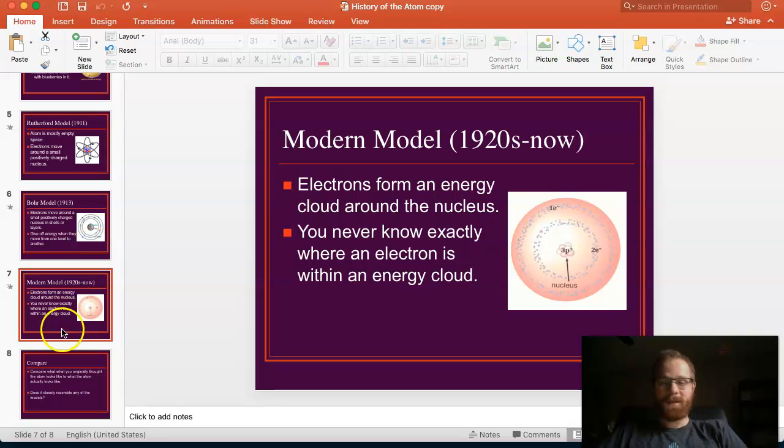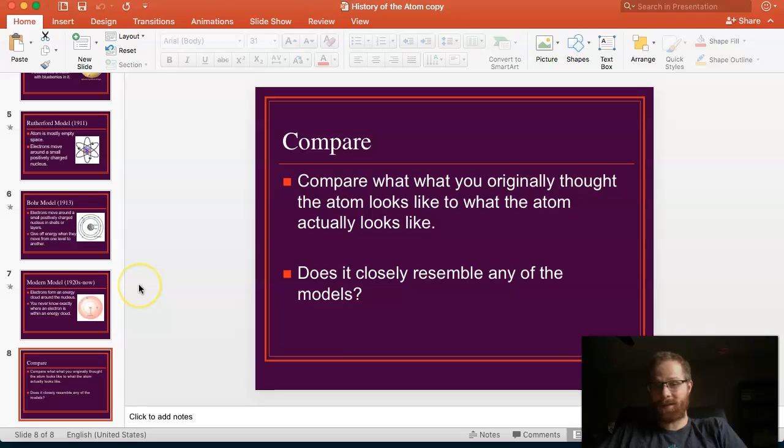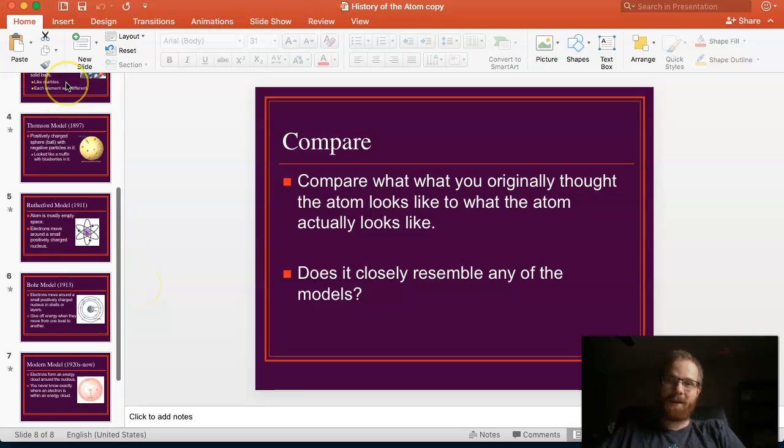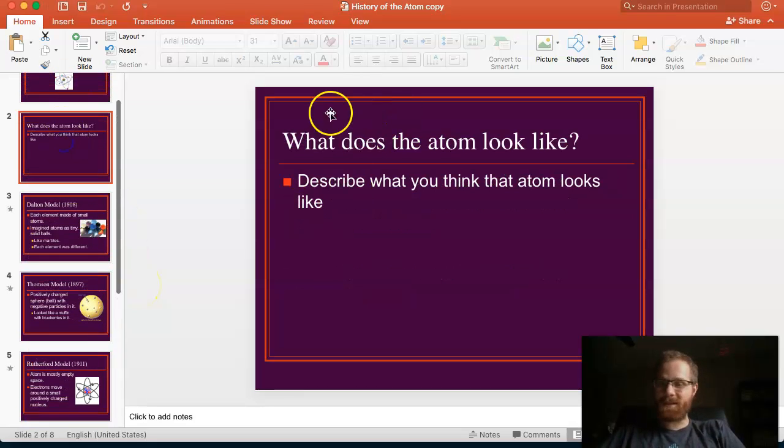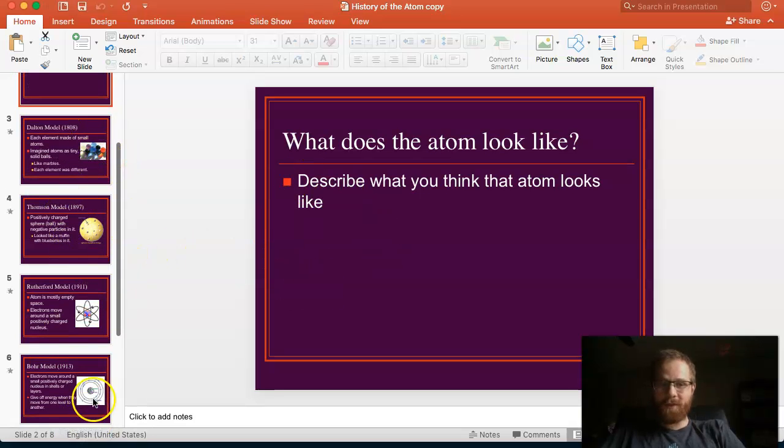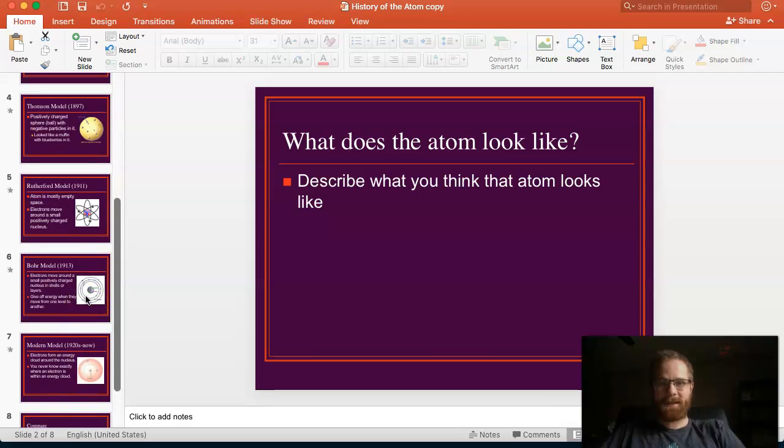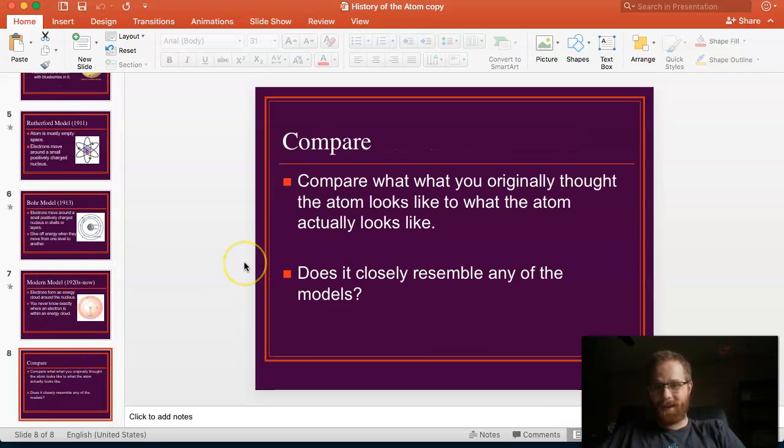Cool. So, now that we've just kind of seen a couple of pictures and images of what different scientists over the ages thought their model looked like, I want you guys to compare your original ideas of what you thought the atom looked like to the other types of atoms that scientists have made.